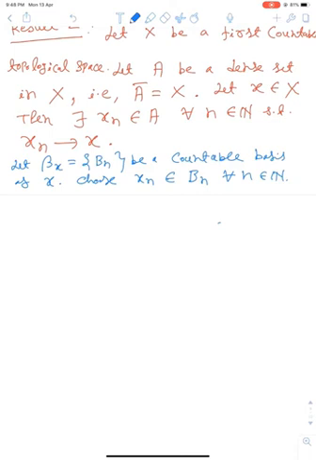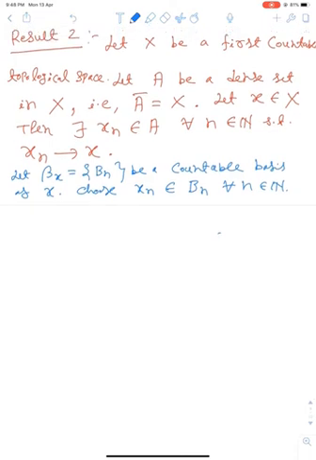So if X is a first countable topological space and A is a dense subset of X, then for any point in X we always get a sequence in that dense set such that the sequence converges to that point. So this is result 2.